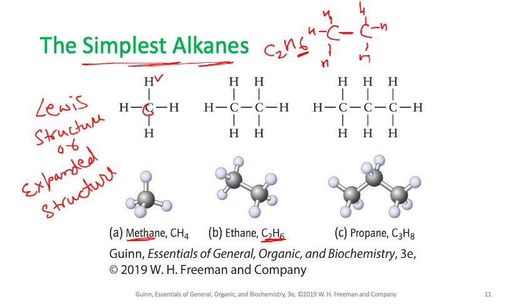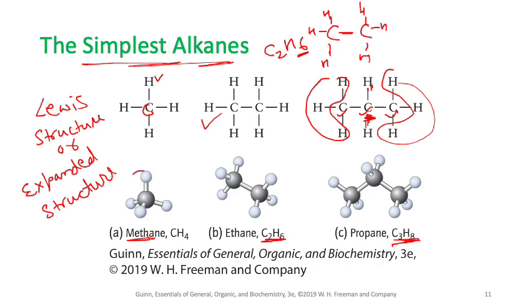That means each carbon has 4 single bonds to complete its octet. That's why the Lewis structure is like this. Similarly for C3H8, we have 3 carbons, and on each corner carbon you have 3 hydrogens, and the center carbon has 2 hydrogens, because the other 2 bonds are connected through carbon-carbon bonds to make 4 for this carbon atom, right?